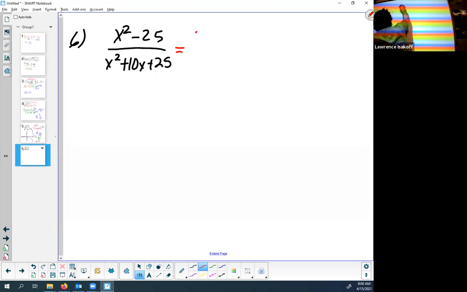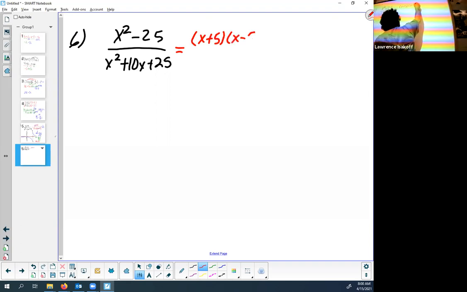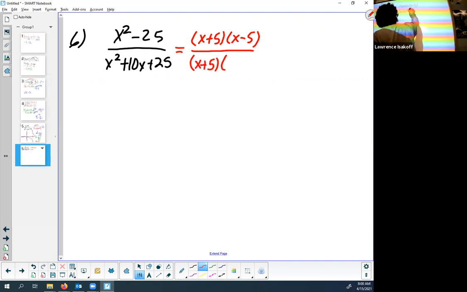The numerator will factor to x plus 5 times x minus 5, because 5 times -5 gives me that -25 on the end. There is no middle x term because a negative 5x and a positive 5x cancel out with each other. The denominator, well, if I need 10 in the middle, I can just make them both plus 5s.